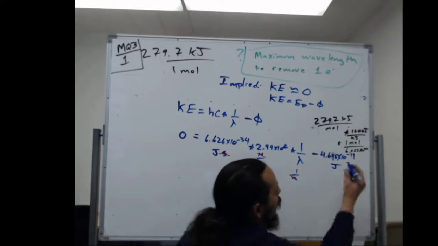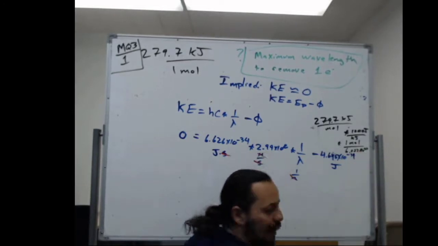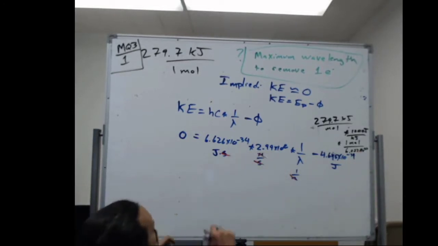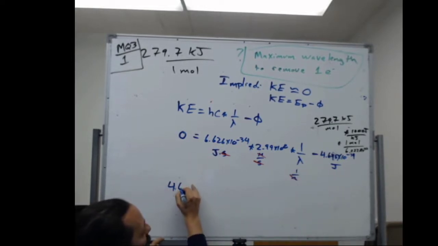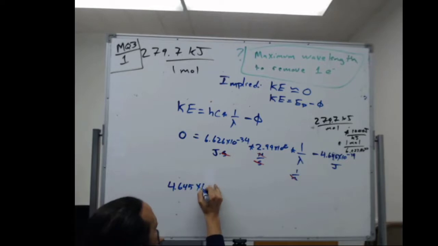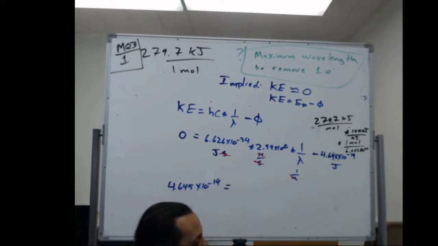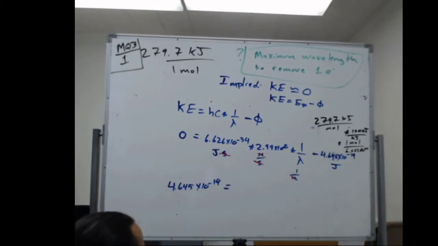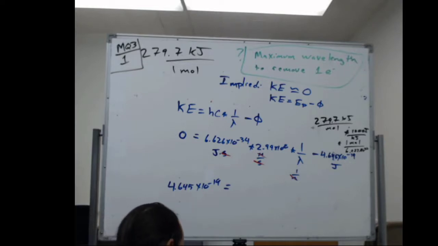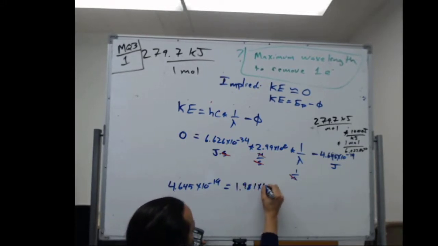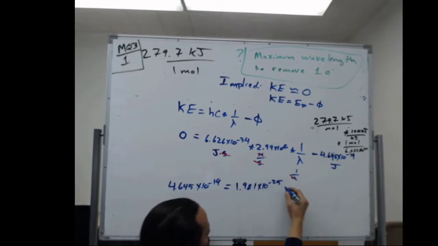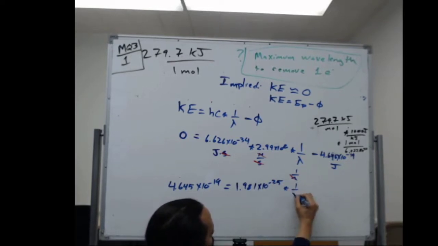Now that we fixed those two typos, we can just do the algebra for getting our final answer. So I'm going to subtract over. I'm going to have 4.645 times 10 to the minus 19 is equal to, I'm going to multiply those two numbers together as well, 1.981 times 10 to the minus 25 times 1 over lambda.